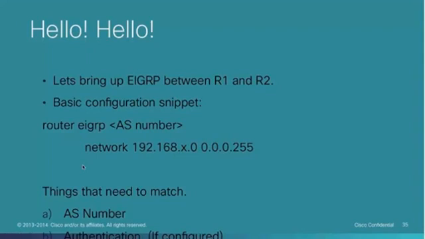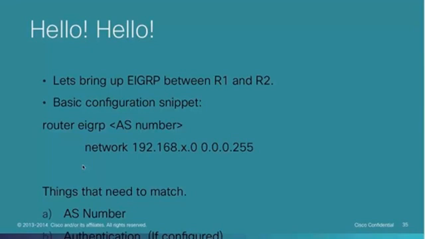Now, remember, this is a very important thing, and that's true for EIGRP, for OSPF, for any internal routing protocol. The network command under router EIGRP or router OSPF does not advertise that network. And this, unfortunately, is something that a lot of people seem to get confused over.